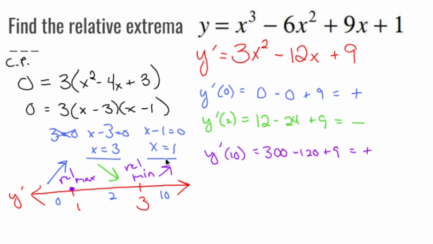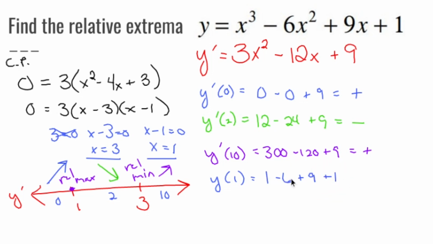Now, let's find the exact points. The way I find the exact points is I take those critical points that gave me a relative maximum or a minimum, and I plug them into the original equation. So I'm going to plug in 1 to the original equation. So y of 1 is going to equal 1 cubed, which is 1, minus 6 times 1 squared, which is minus 6, plus 9 times 1, which is 9, plus 1.